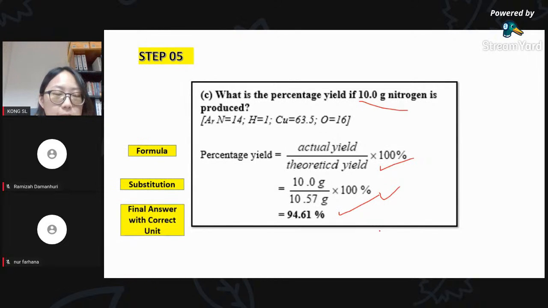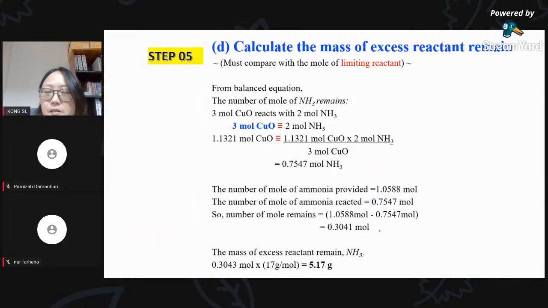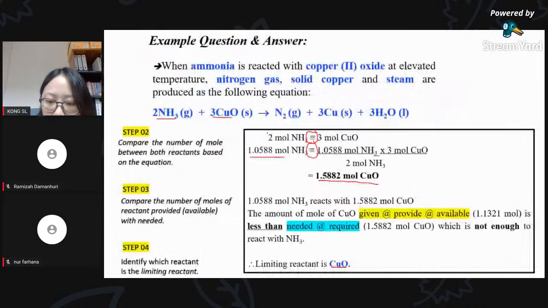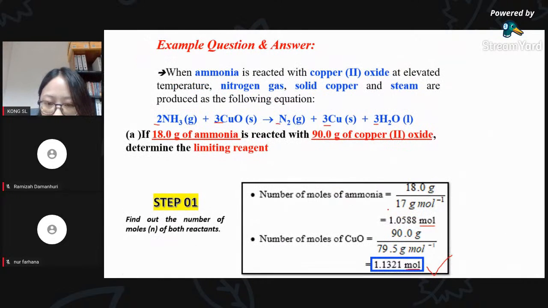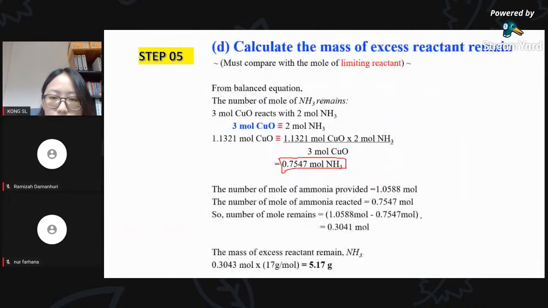Okay, and then the last part, calculate the mass of excess reactant removed. Again, you must compare with the limiting reactant. So you are using the 3 mole, 2 mole; this is the number of moles of ammonia needed for this reaction if you compare with the limiting reactant. But what is the given mole? 1.0588 is provided.